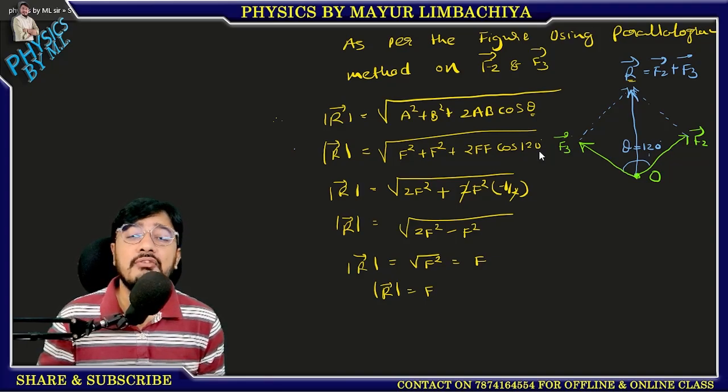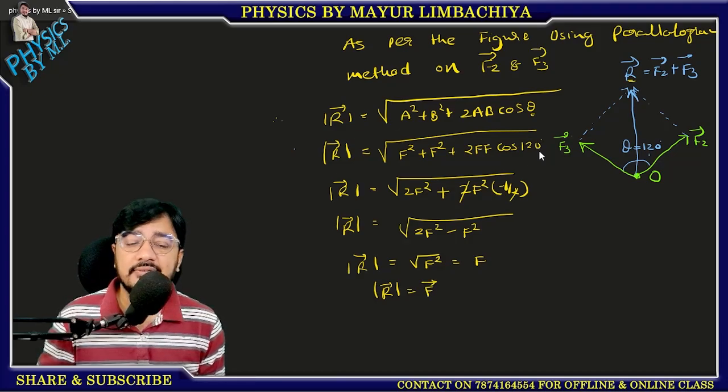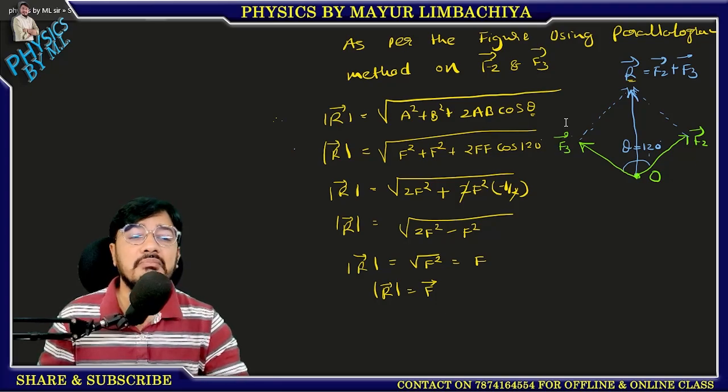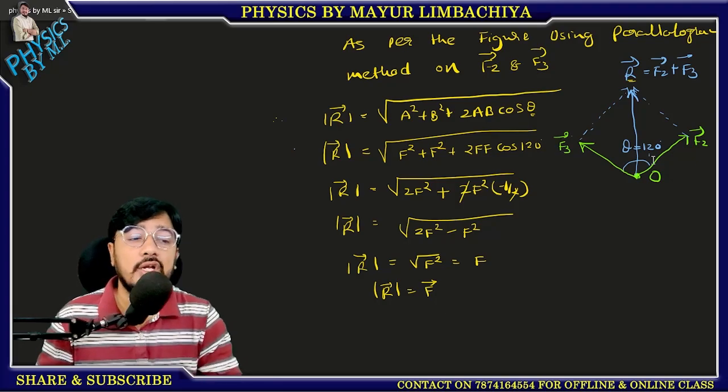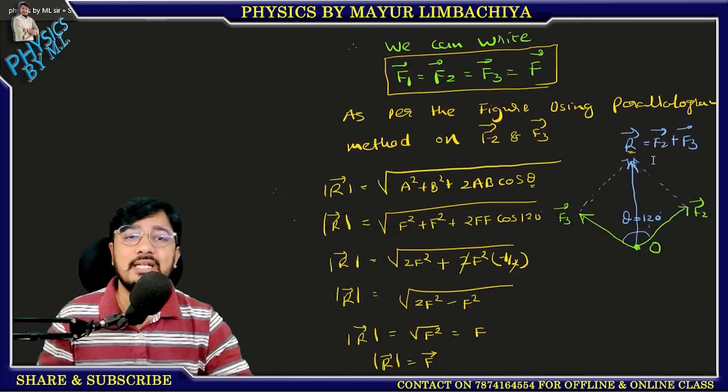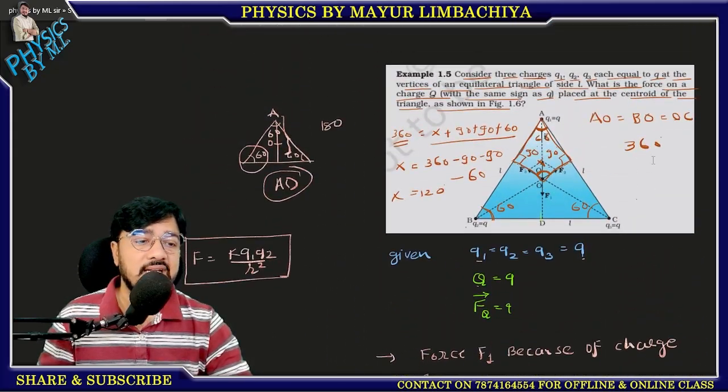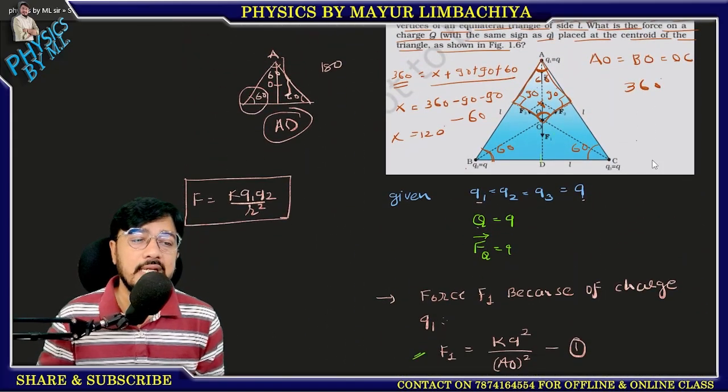But if we have to write down the direction of this particular vector, then the direction will be on the DA side.